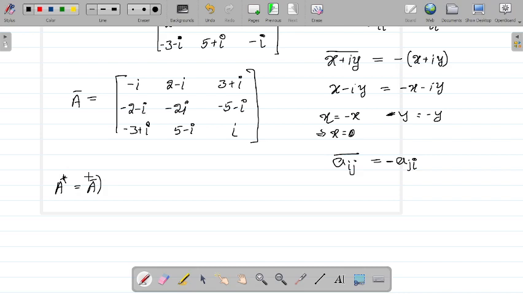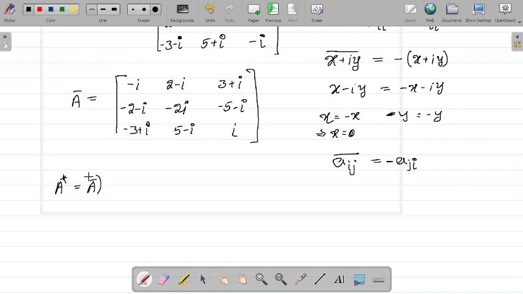Minus 3 minus i, because I'm taking minus out. So this is 5 plus i, and this is minus i. So is it the same as the original matrix, with i, 2i, minus i? Yes. So this equals minus A. You can observe that A star is the same as minus A. Therefore it is a skew-Hermitian matrix.